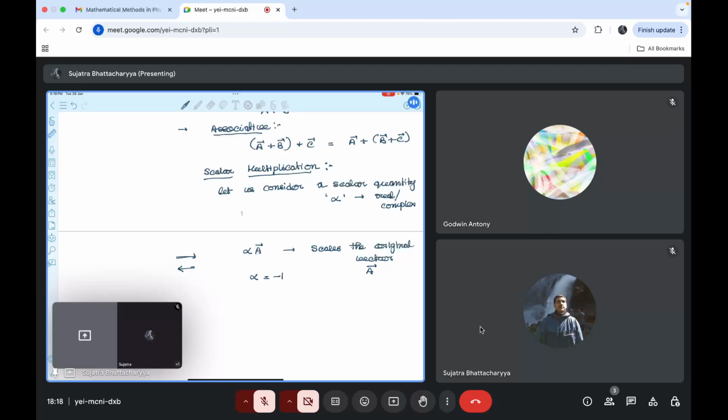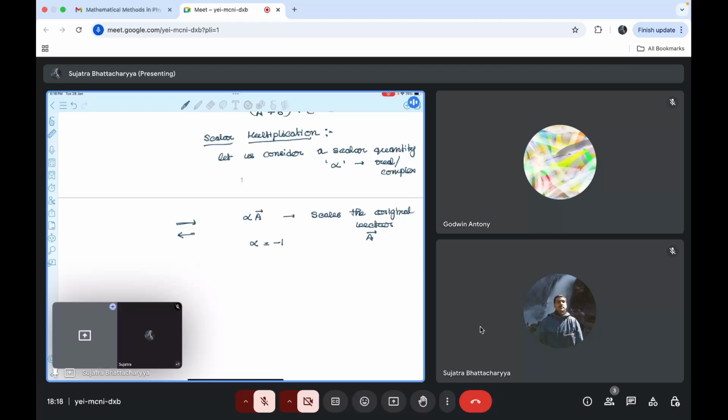But if you take 2, 3, 4, the magnitudes will also change. So this is one of the important things. Alpha less than 0 will also change the direction. Of course it will change the magnitude, but it will change the direction as well. Basic thing.